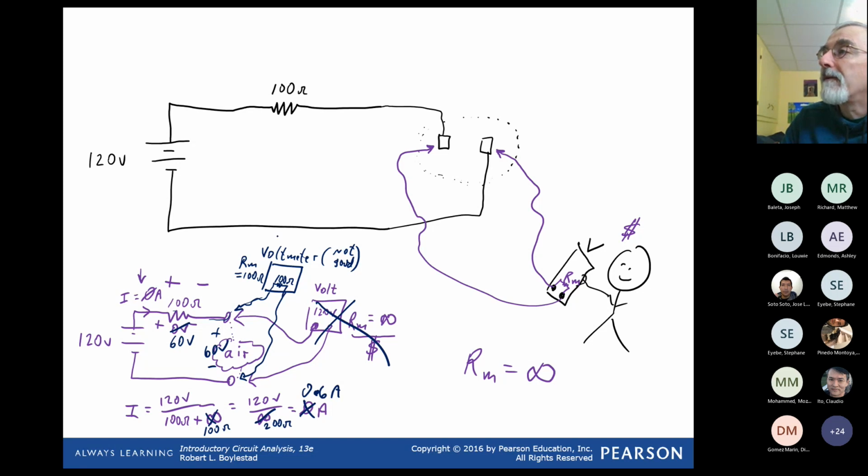Our voltmeter is going to say 60 volts instead of 120, because now current is flowing, causing all kinds of volt drops everywhere. That's why we need a good voltmeter. If you use a good voltmeter, we will be measuring here 120 volts because I equals 0, and so there's no drop here.